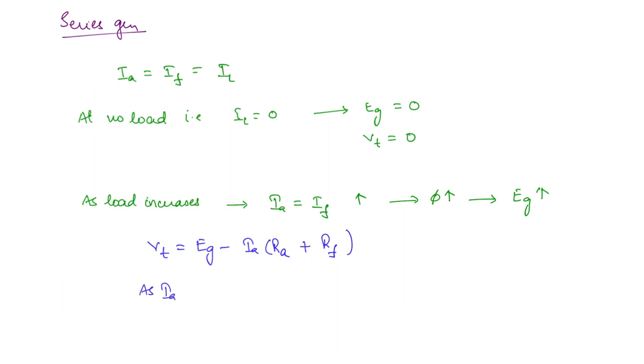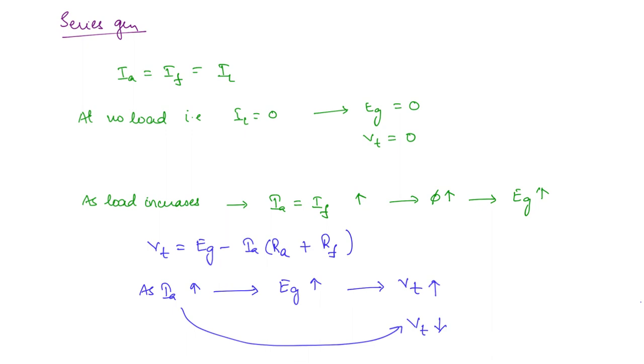As Ia increases, this will lead to an increase in the generated voltage, which will lead to an increase in terminal voltage. But also what is happening, as Ia is increasing, the terminal voltage will reduce. So whenever there is a contradictory effect like this, then what will happen? Eventually, whichever effect is bringing more change, that is going to prevail, right?